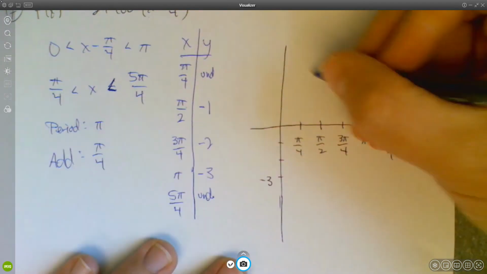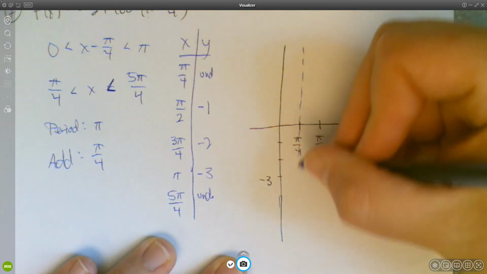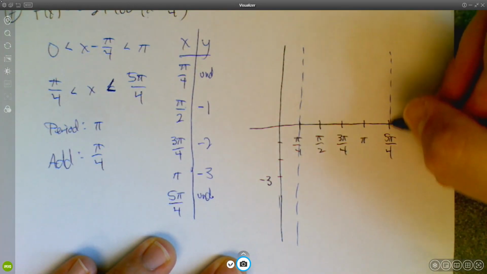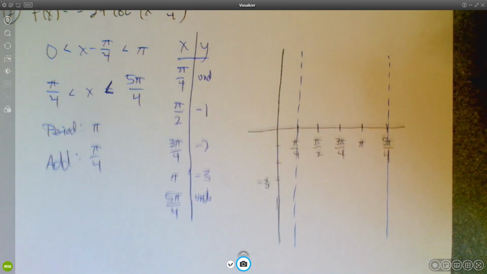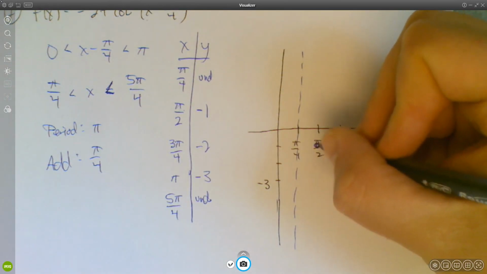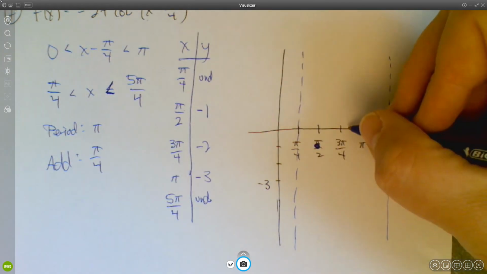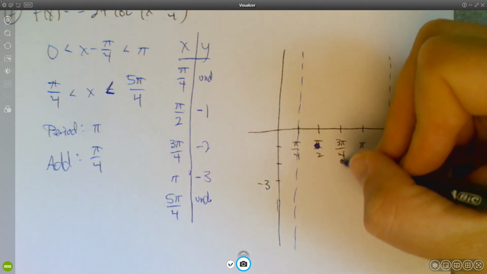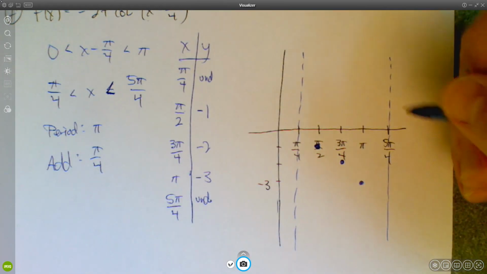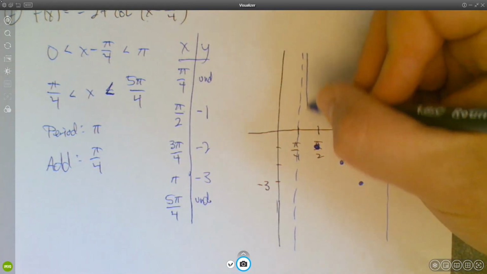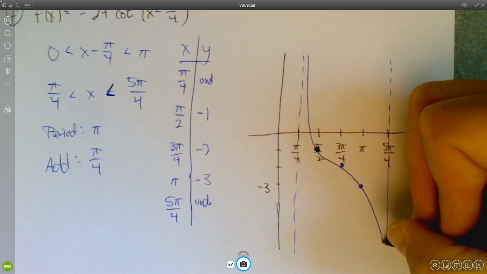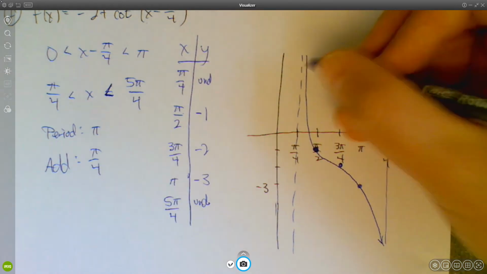Okay, so we've got asymptotes here and here. Pi over 2, negative 1, 3 pi over 4, negative 2, pi, negative 3. So that's what that one looks like.